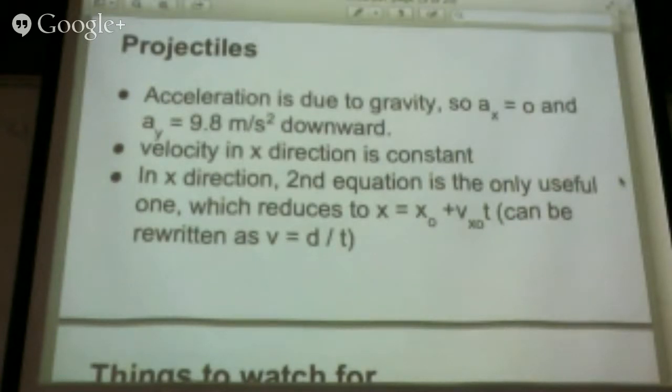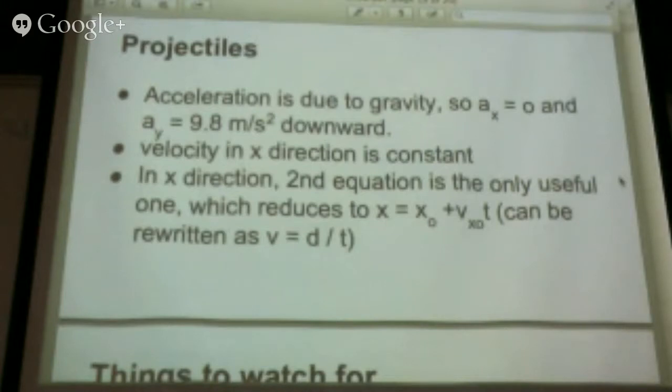Now, like I said, most of what you do with two-dimensional motion is going to be projectiles, but don't assume it is unless they give you the information to tell you that it is. Something's thrown through the air, yeah, projectile. Something's thrown through the air and blown by the wind, projectile, but now we have acceleration in the x direction probably. Or a plane moving through the air, not a projectile.